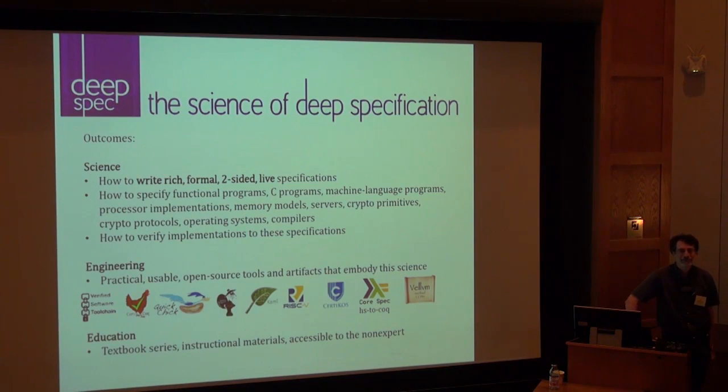Other questions? Yes? Will we be able to address side channel attacks such as Spectre or Meltdown? I think the answer is yes, in the following sense, that in the Certicos project at Yale, they're paying attention not only to functional correctness in terms of input-output, but resource bounds, right?